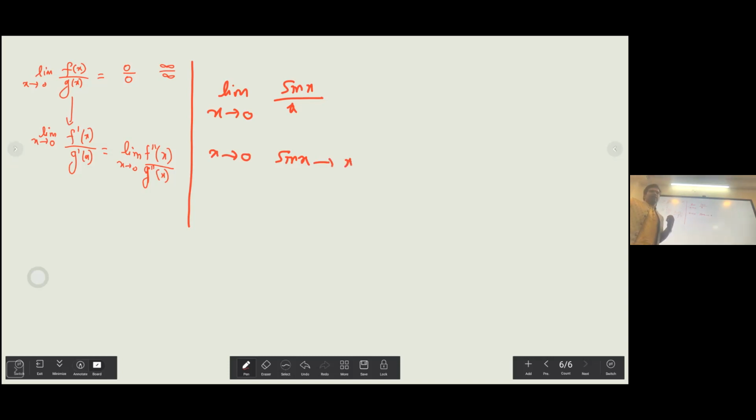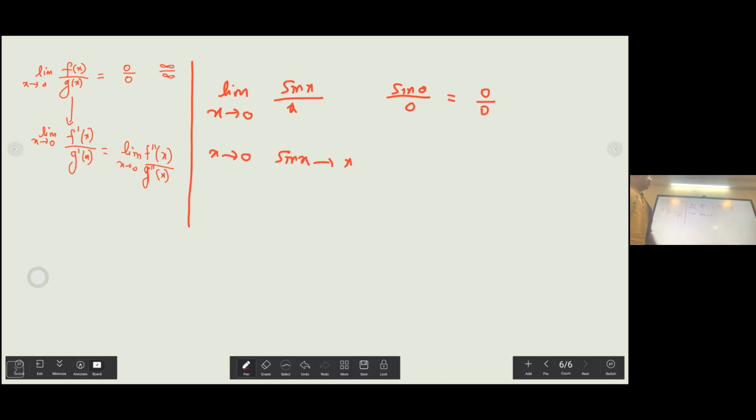So if you find sine of 0.01, it'll be very close to 0.01. But forget about that. If you plug in x as 0 here, I get sine 0 upon 0. Sine 0 is nothing but 0. So that's 0 by 0 format.